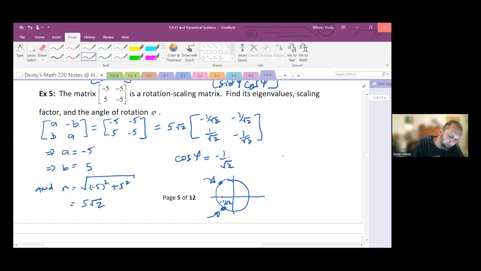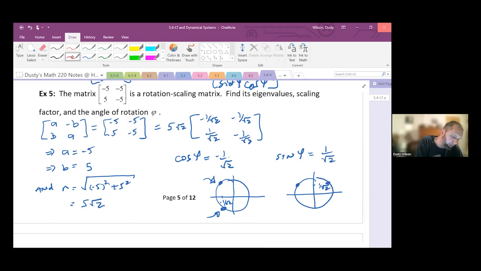And then we know that the sine of phi is equal to +1 over root 2. So again, thinking about the unit circle, sine gives you your y values. So here's your 1 over root 2, and so the possibilities are here and here.